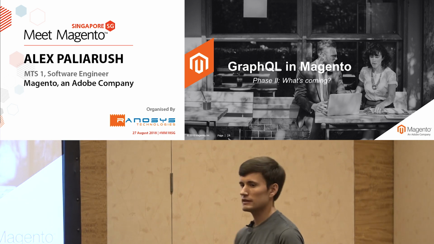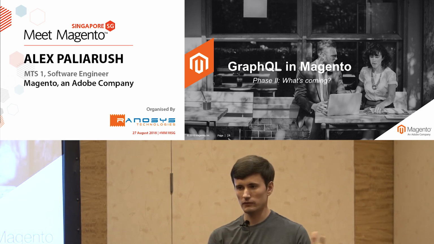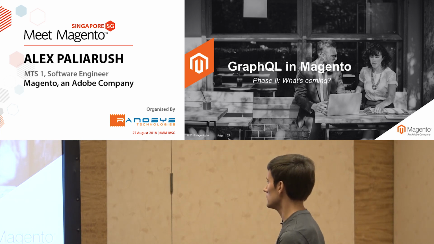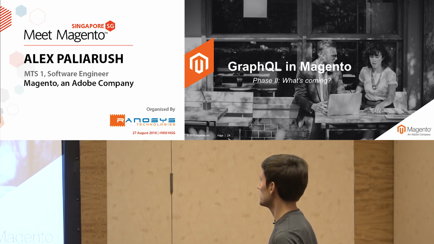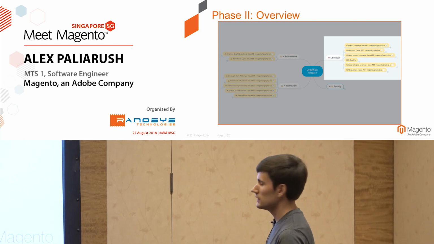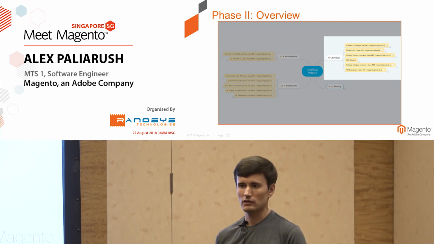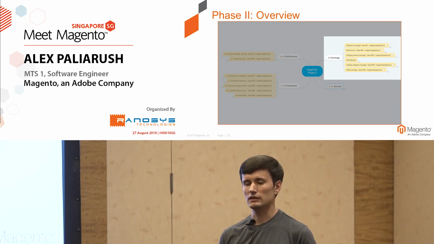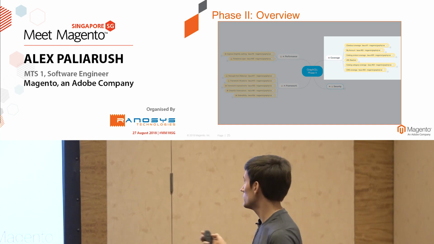Phase 2 of GraphQL, as I mentioned, is a joint effort of core engineering and the Magento community. Some of this has already been implemented, and some of this work is in progress. So we are working on security. Internally, it's going to be security analysis by our security team. We also have query complexity analysis already implemented by our community.